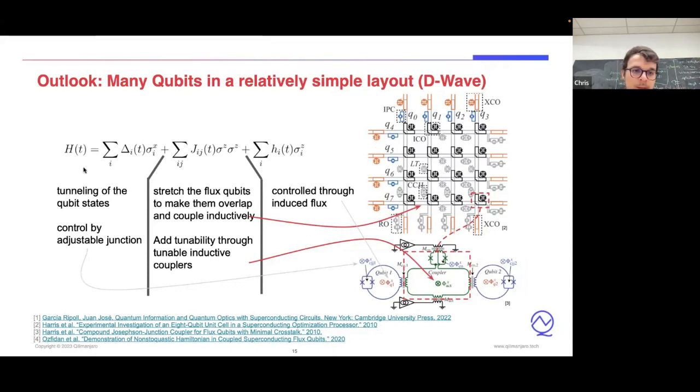And here you can see that you have also the X and Z terms with the parameters, which can be controlled either through the main loop of the qubit or through some other additional loop which you add just to add this controllability. And also the coupling terms can then be adjusted by these couplers, which follow always the same idea: drawing some loops, putting some nonlinearity in it, and putting some magnetic field on it to control it.